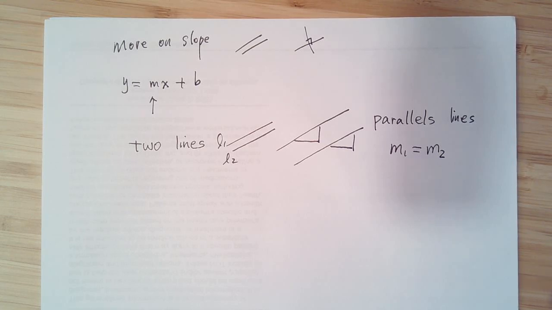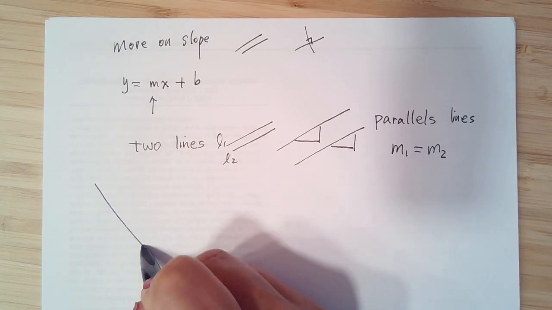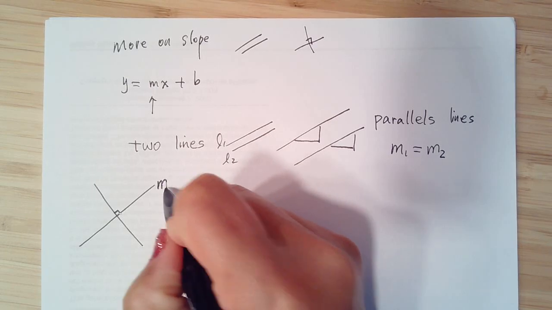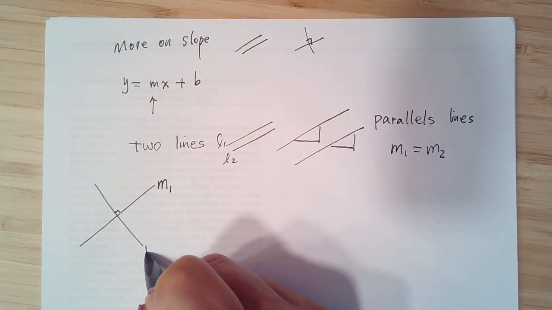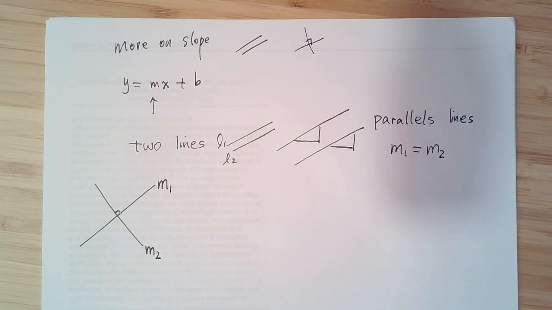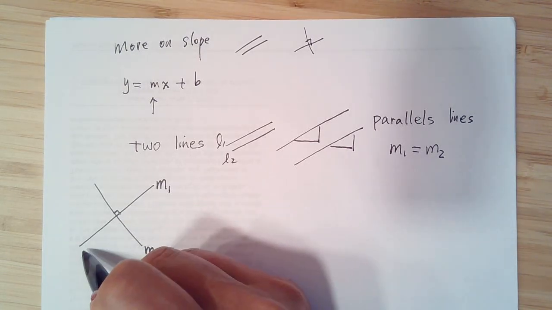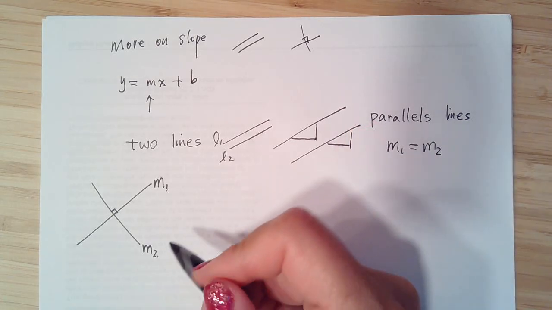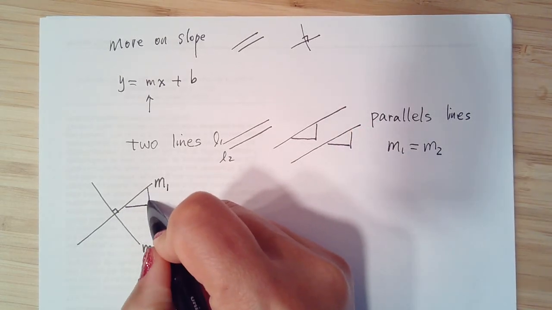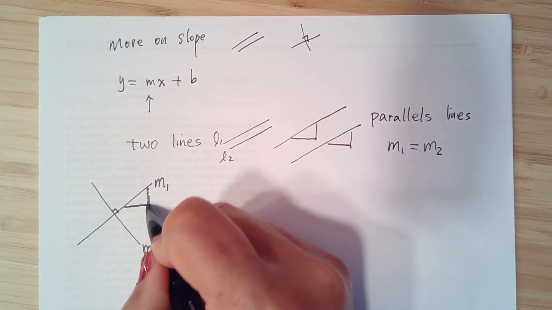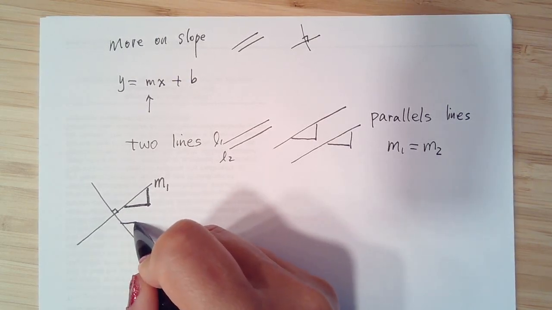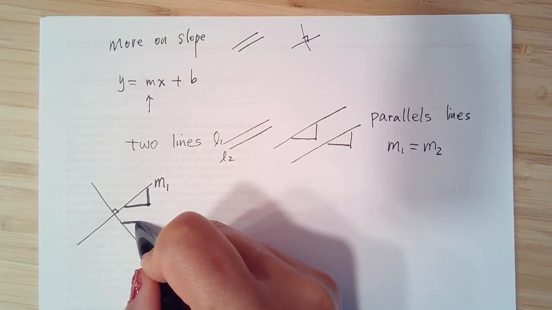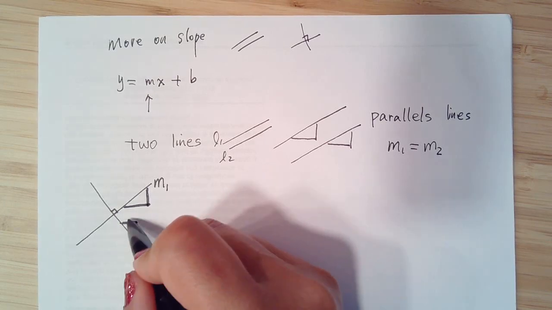Okay, so what about the perpendicular? Perpendicular means they form a 90-degree angle, right? So if this slope is m1 and this slope is m2, what would be the relationship between these two? First of all, if one is positive, then the other one must be negative, so they have opposite signs. And then for the rise over run, this rise becomes this run.